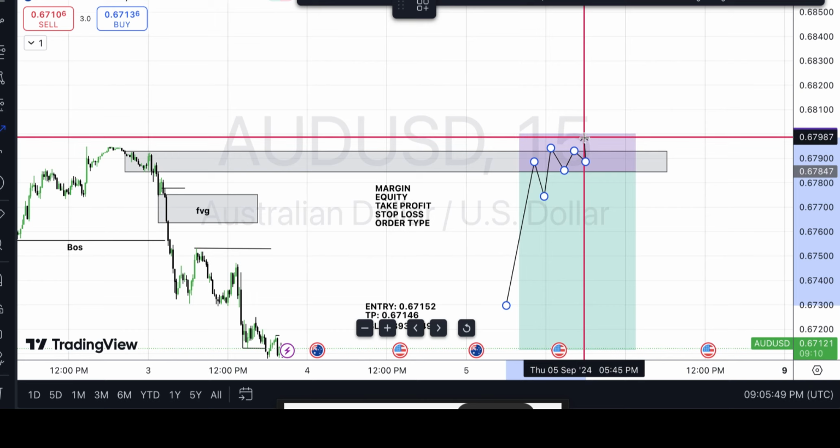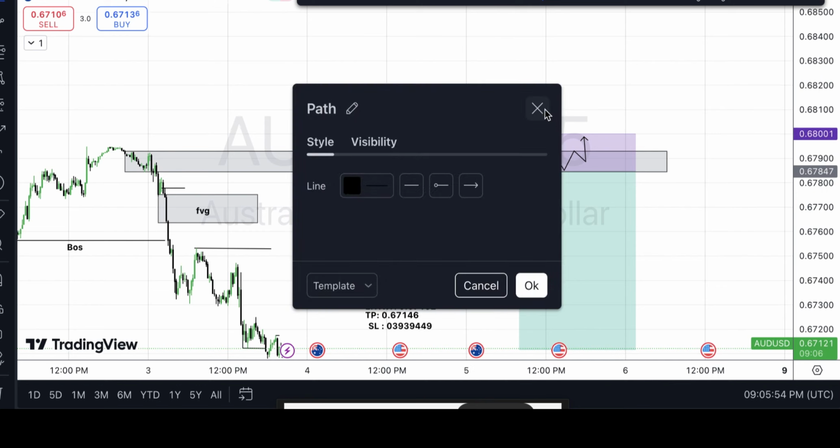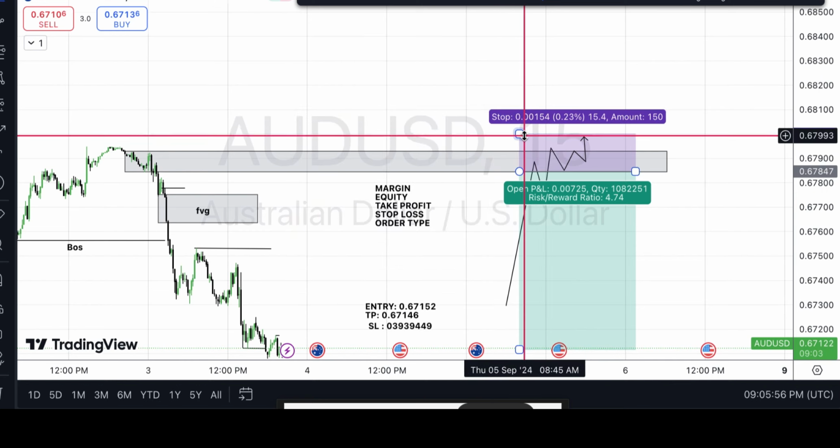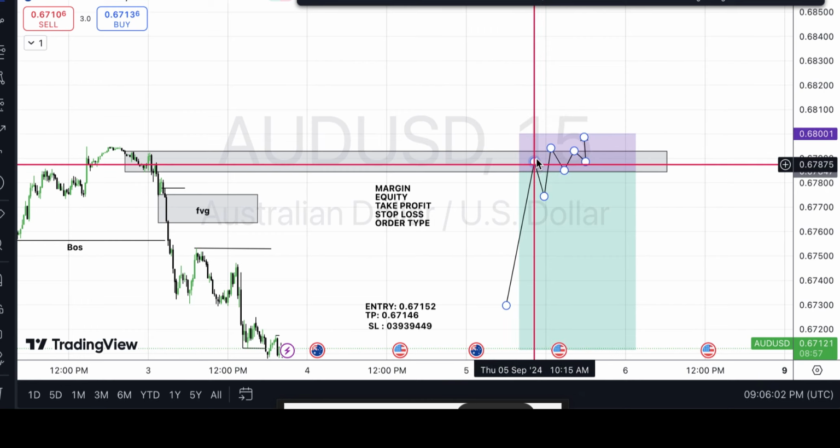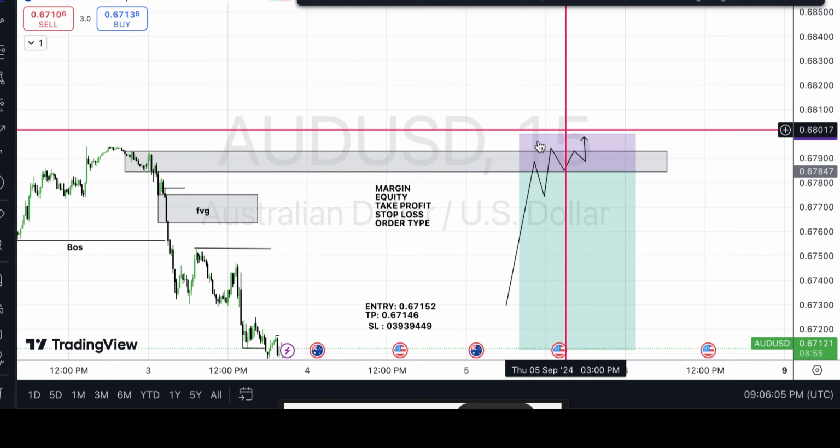approaching your stop loss, and then you are scared. This is your stop loss, and because you are scared, you think, I don't want to lose the money that is already active here. Everything on this zone is your stop loss.